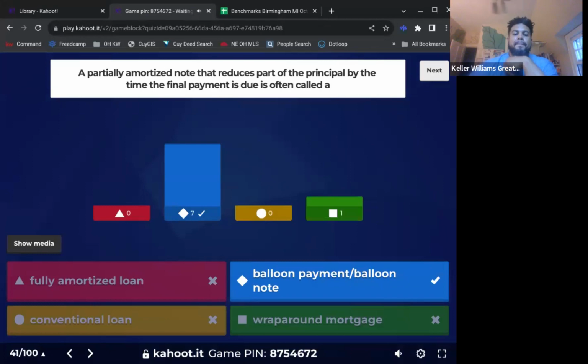Yep. So again, fully amortized means that the whole loan is paid off by the end. Partially amortized means that you're only reducing part of it and that the final payment due is going to be a balloon payment or a lump sum payment.